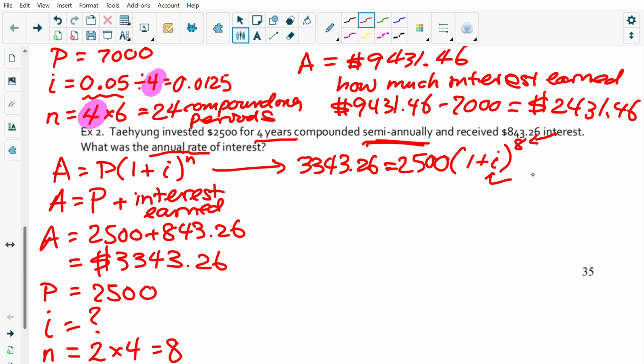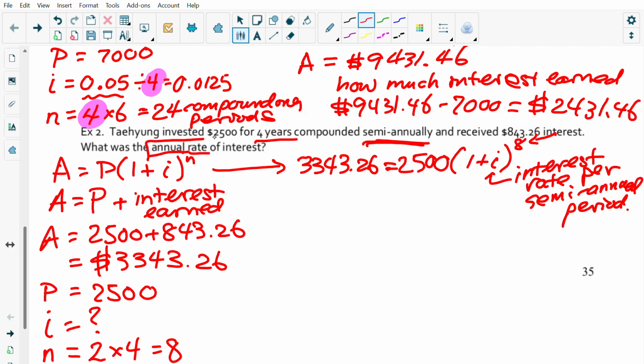So the interest rate is an interest rate per semi-annual period. So every 6 months, that's the interest rate. So be careful when we end up getting this i value that we know what it is, because we have to turn it into an annual interest rate. Okay, so we'll get to that.